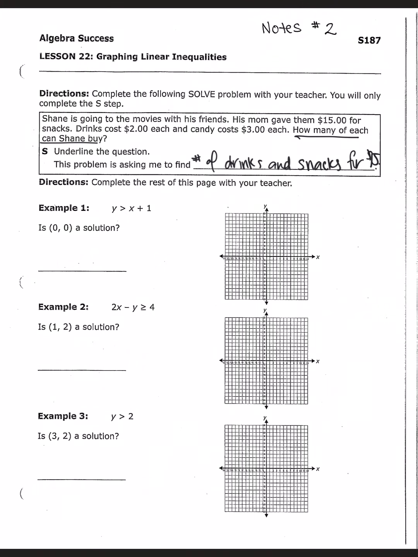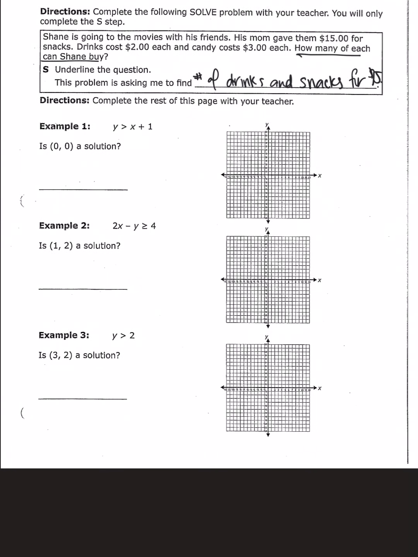So our notes for today are focusing on how do we graph these inequalities. And when we're graphing inequalities, the first thing that we have to do is plot the points that would make our line. So if we look at our first equation here, this says y is greater than x plus 1.